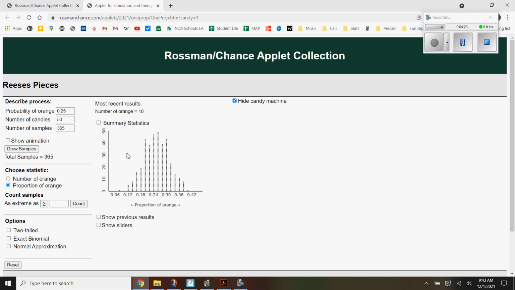It doesn't look like there were any days on which 0% were born Hispanic. Every day seemed to have some. So about 0.18 proportion, it looked like there were about 20 days that had about 18% Hispanic.